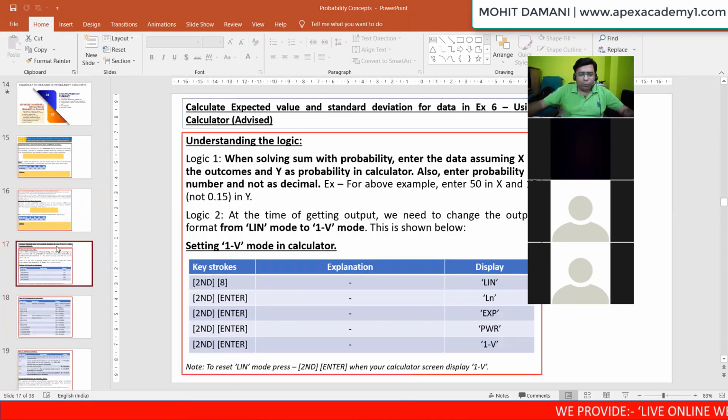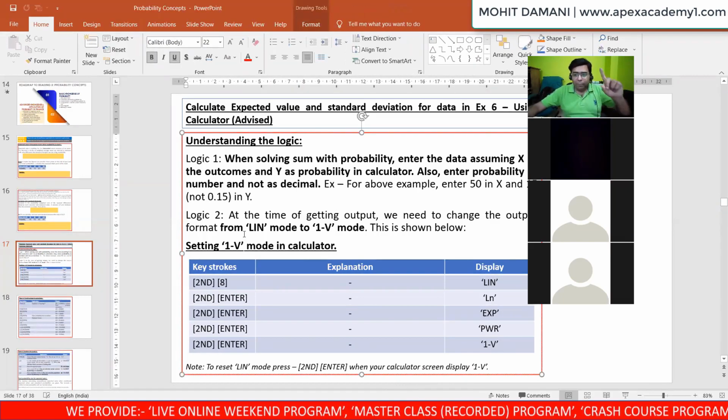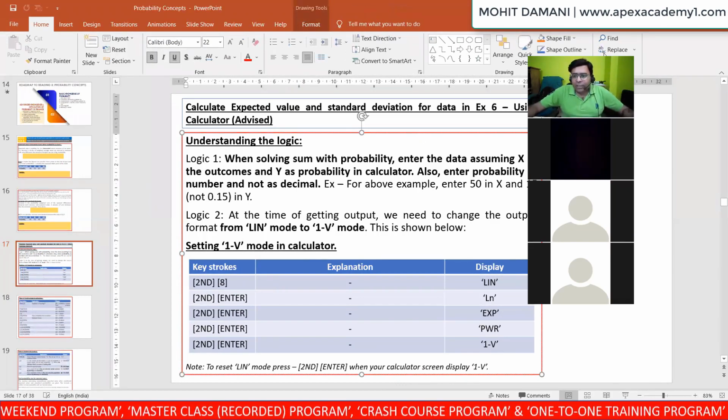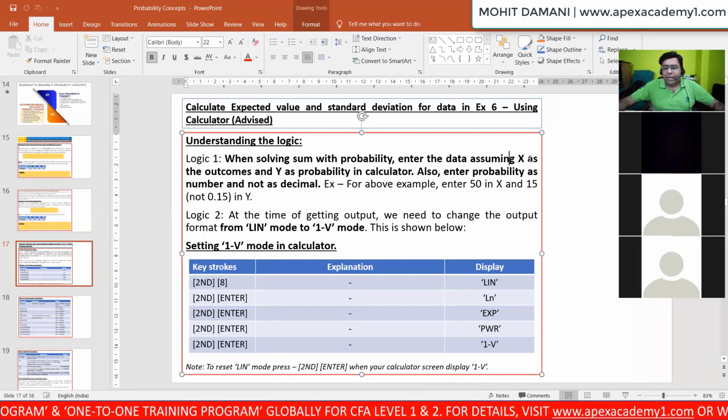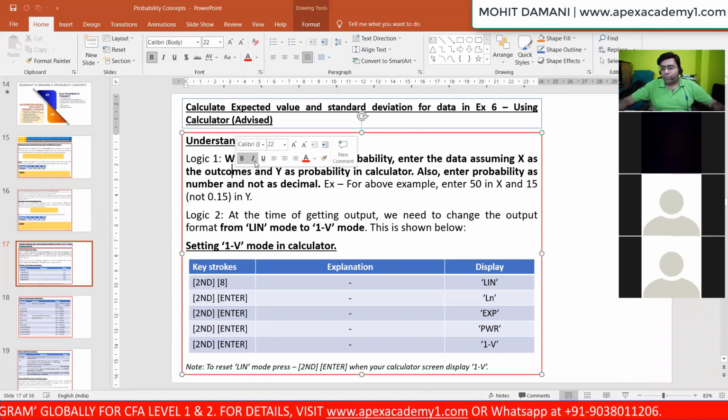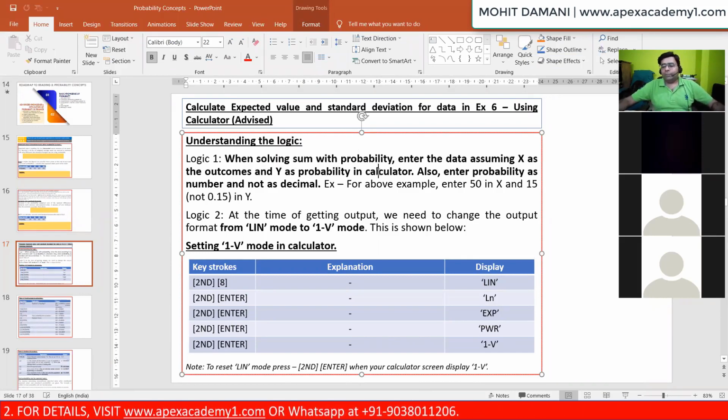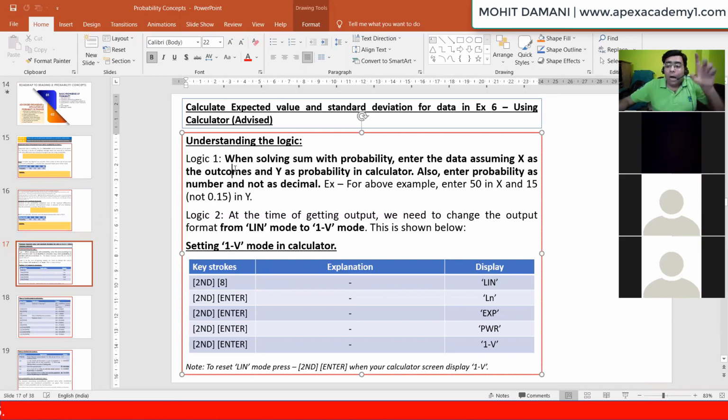See how to activate. Two things are very important when you are using the 1-V mode. The first is that when solving sums with probability, enter the data assuming x as the outcome and y as the probability. So when you are entering probability weighted data, your probability will go on the y data, and your outcomes, meaning observations, will go on the x.